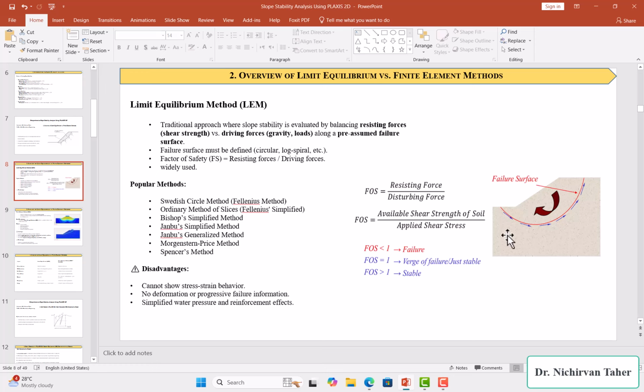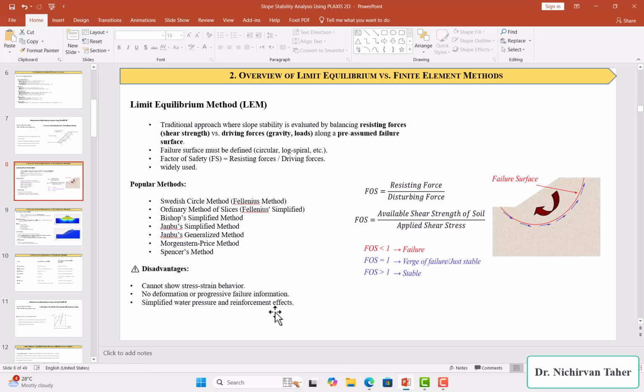We don't see where the exact failure surface is, because we pre-assume the failure surface and need to assume many surfaces, and the pre-assumed surface which has the minimum factor of safety, we take as the minimum factor of safety for this slope.